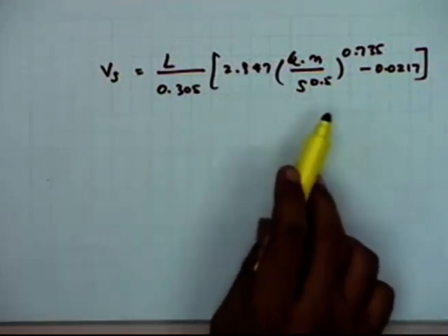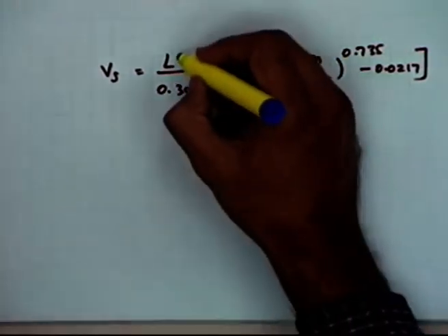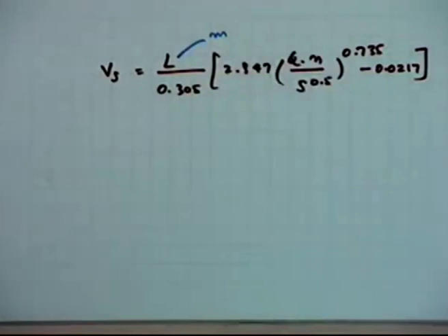In this expression also all the quantities are the same as before. And L here is the length of the furrow segment which is considered, in meters.